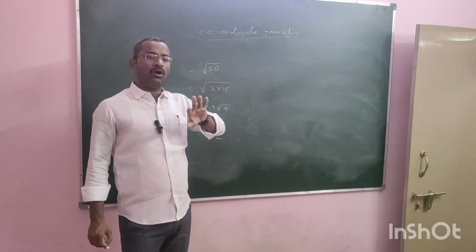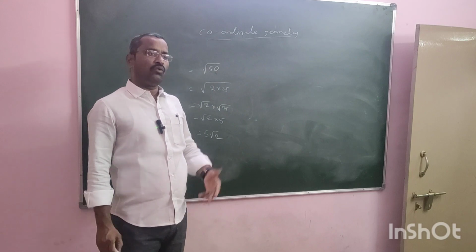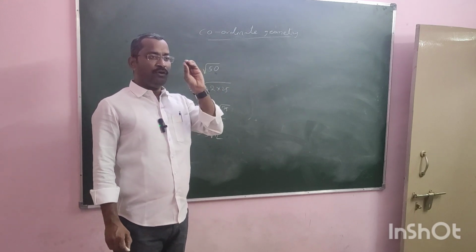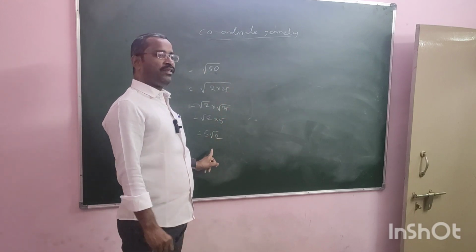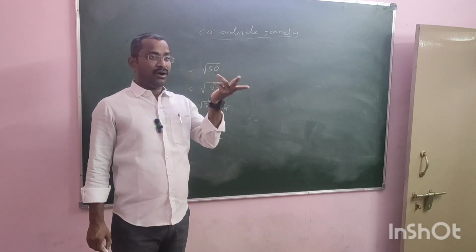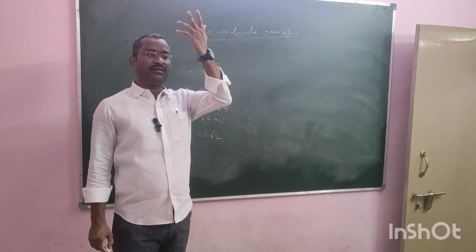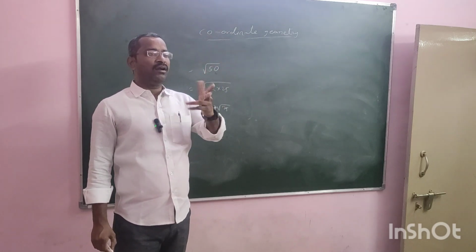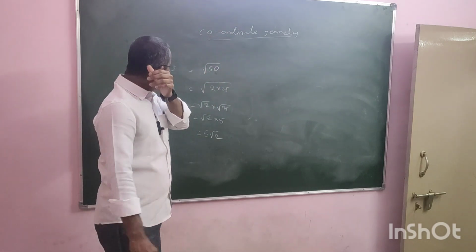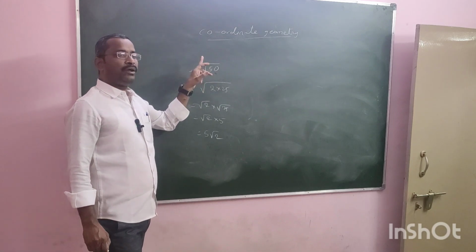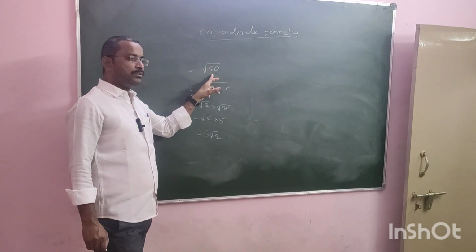If that is not able to be simplified, leave it, like root 7. But if you are able to simplify, try to simplify, then you will get the concept. Because sometimes one value will be 2 root 2, sometimes you get 5 root 2, another one will be 7 root 2. If you don't simplify, you cannot add them. So that is the reason in the distance formula you should be cautious. Try, if it is possible, to simplify.